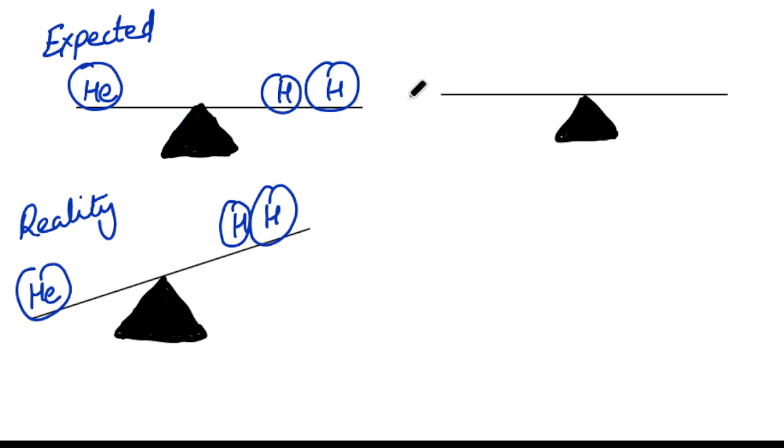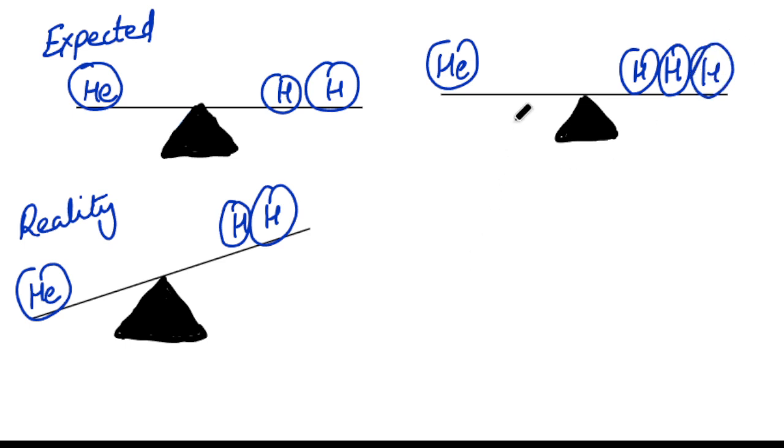And in order to balance this, they just started adding more hydrogen atoms to it. They added one more, three, still it was not balanced. Then they added one more, it becomes four, now it is balanced. So one helium atom is equal to four hydrogen atoms.